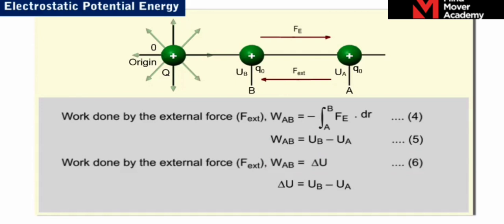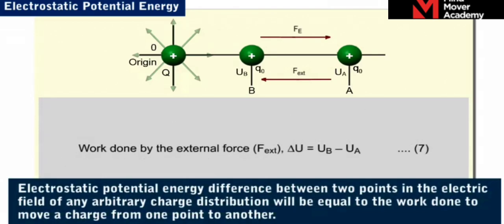Let this be equation 7. The difference in electrostatic potential energy between 2 points in the electric field of any arbitrary charge distribution will be equal to the work done to move a charge from one point to another.